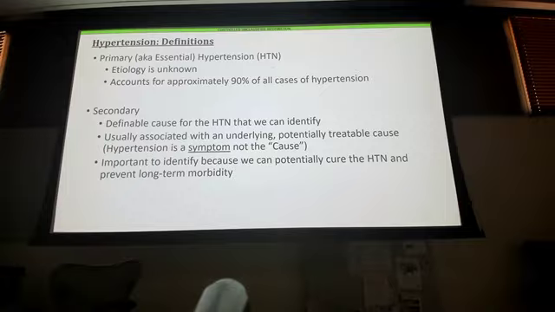And think of primary hypertension as being the disorder, not a symptom of something else, okay? Whereas when we look at secondary hypertension, there is a different pathology that's present that happens to have hypertension as a symptom, okay? And we'll talk about those things tomorrow, but just know that there is a difference between primary or essential and secondary hypertension, okay?